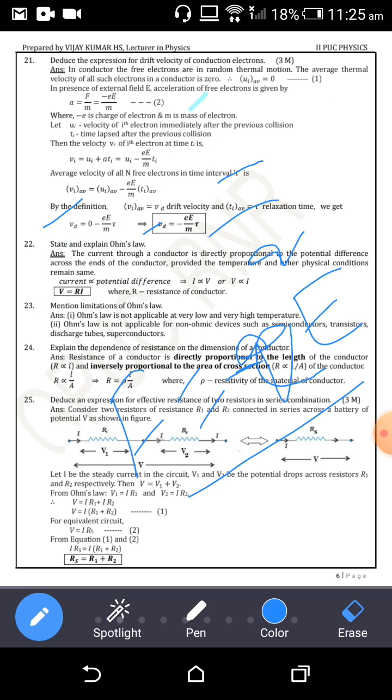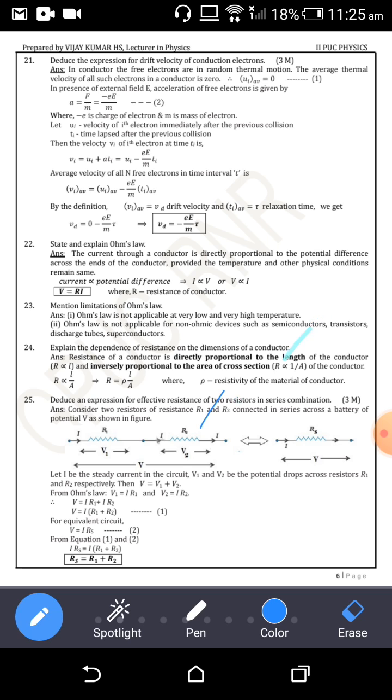Next, they have explained the terms there. Minus e is nothing but the charge of the electron, and m is the mass of the electron. u subscript i is the velocity of the ith electron immediately after the previous collision, and t is the time lapse after the previous collision. Next, from the equation v is equal to u plus at, we are going to make use of that.